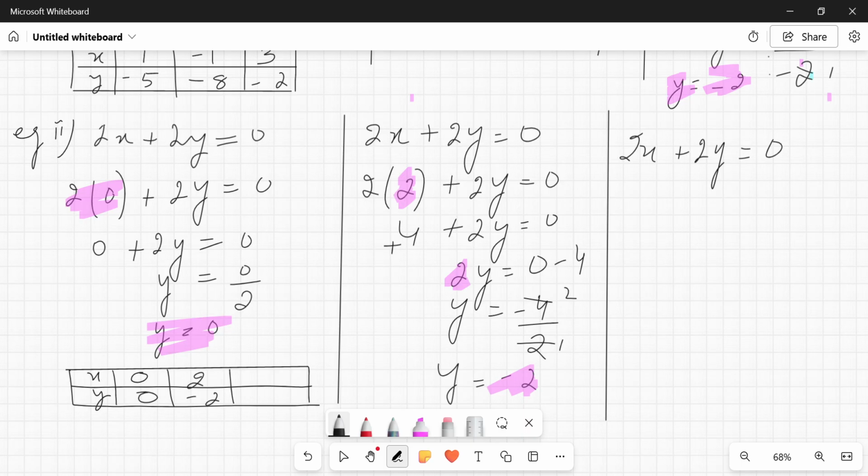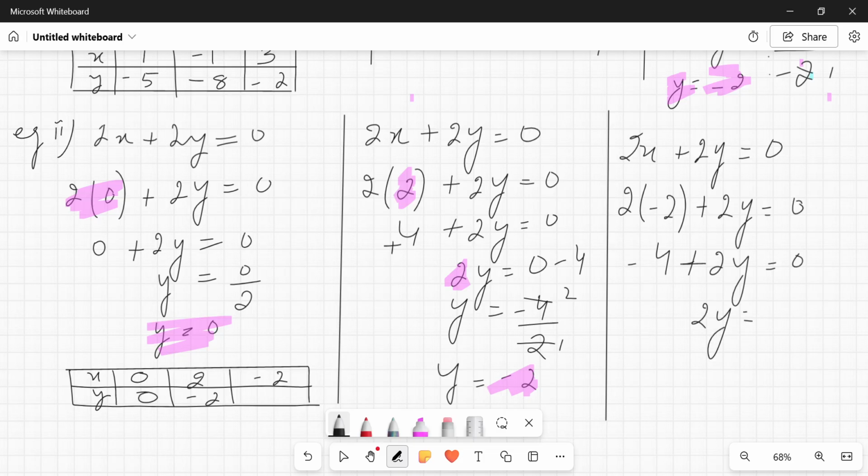Now this time I'm taking the x value minus 2. Let's check with minus 2, you will get the whole number. This is 0, right? This is minus 4 plus 2y equals 0.